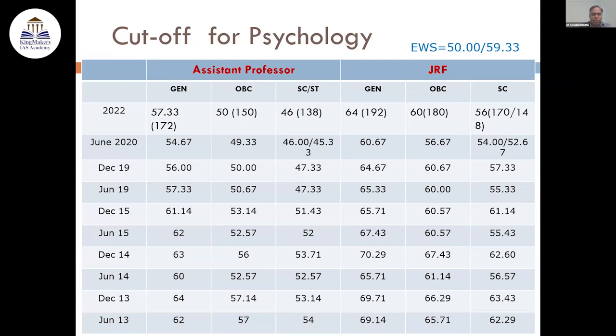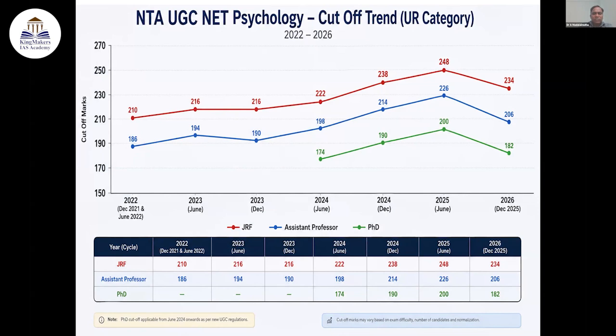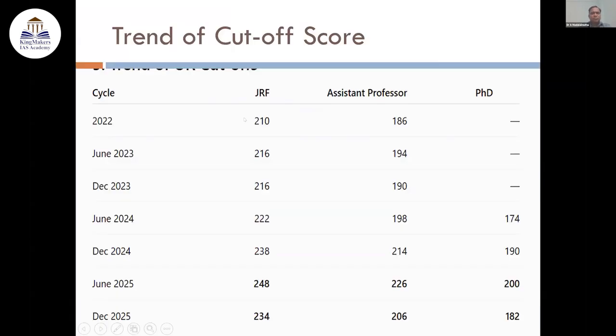But if you see, it was closer to 60 percent earlier, say 5 years back. Now there is a slight increase. This is the total score as a percentage.